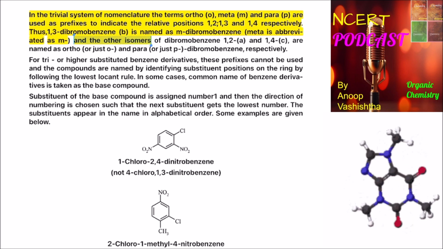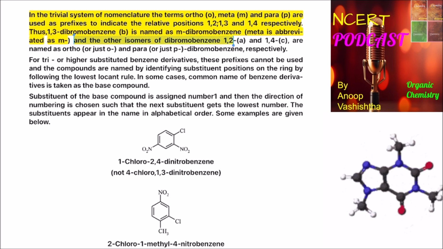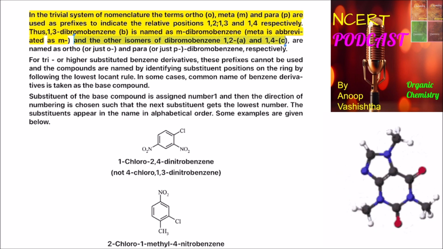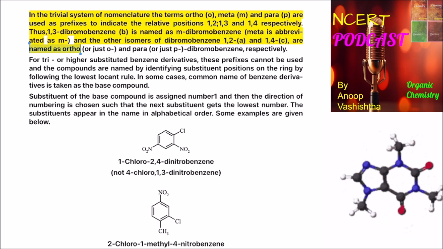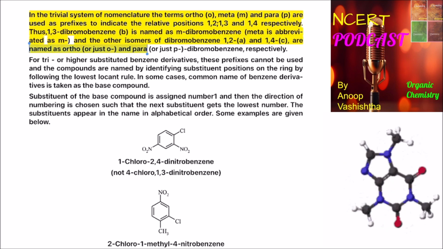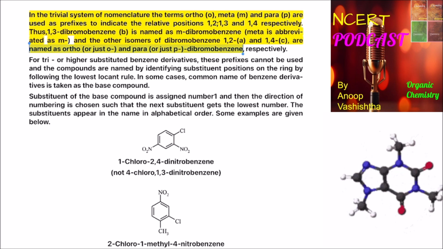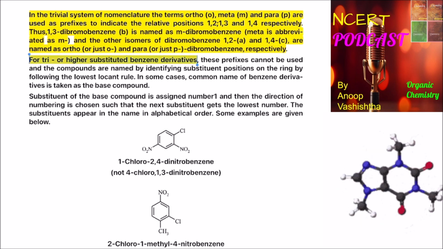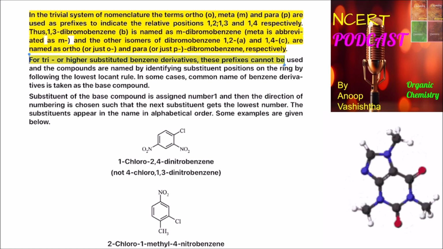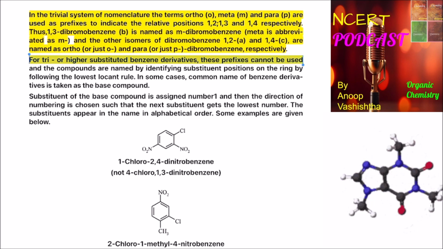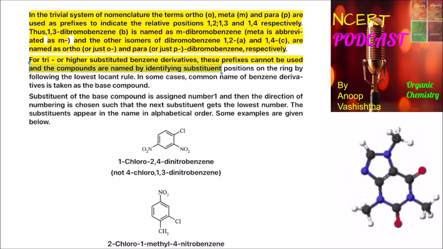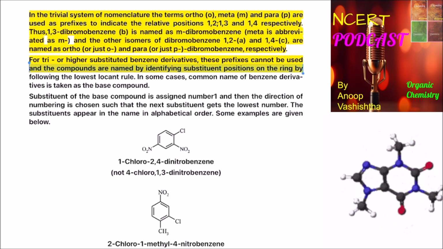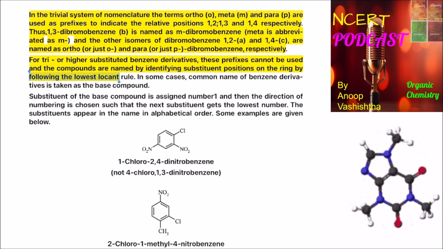The other isomers of dibromobenzene, 1,2-A and 1,4-C, are named as ortho (or just o) and para (or just p) dibromobenzene respectively. For tri- or higher substituted benzene derivatives, these prefixes cannot be used and the compounds are named by identifying substituent positions on the ring by following the lowest locant rule.